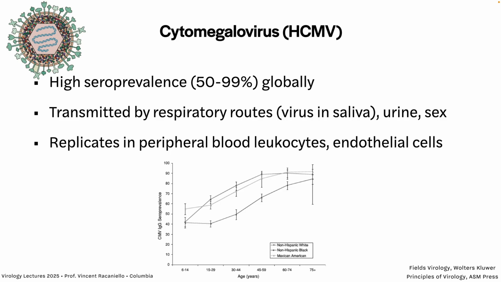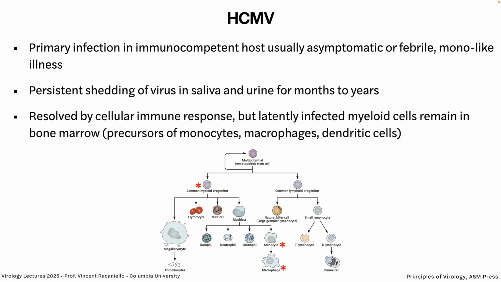It replicates in white blood cells and in the endothelial cells of blood vessels. Primary infection is usually asymptomatic or a mono-like illness. You shed virus in saliva and urine for a long period of time. The infection is eventually resolved, but the virus becomes latent in myeloid cells in the bone marrow.